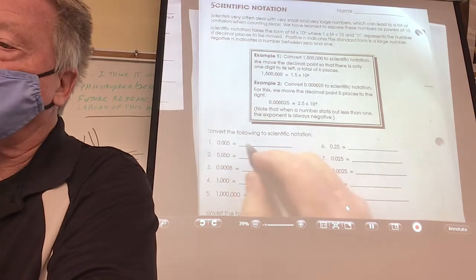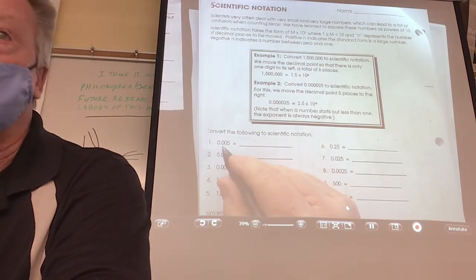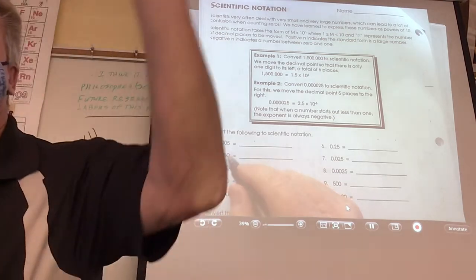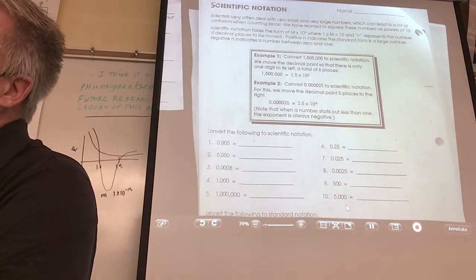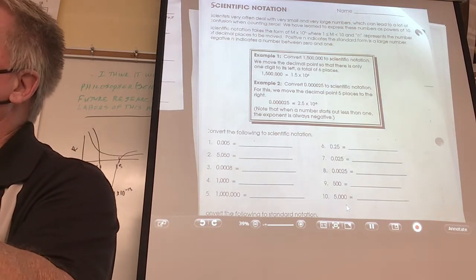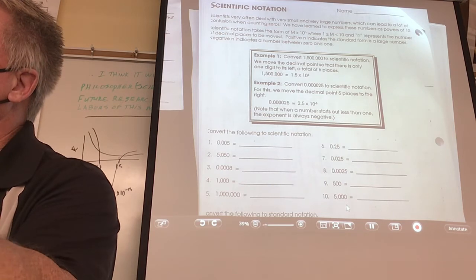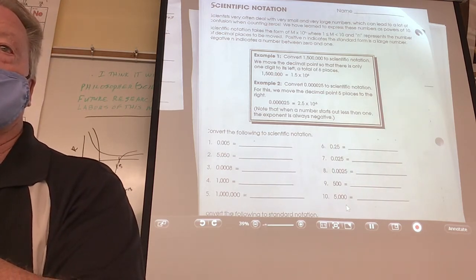Step 1, how to put a number into scientific notation. They would have 3 steps. And guess what's on the next page? How to take a number out of scientific notation. Now, what I'm going to say right now, I want you to forget. I'm going to say the way they teach it, the way it was taught to me, and I'm going to tell you, don't do it that way.